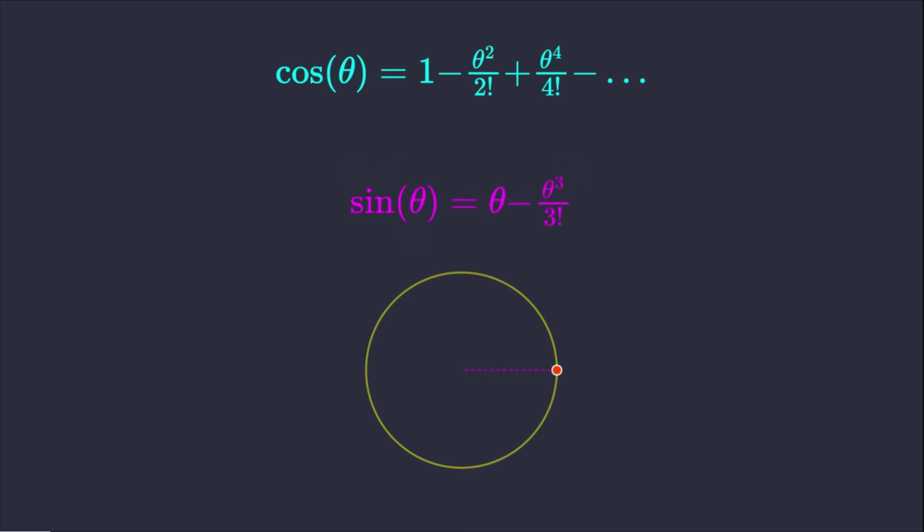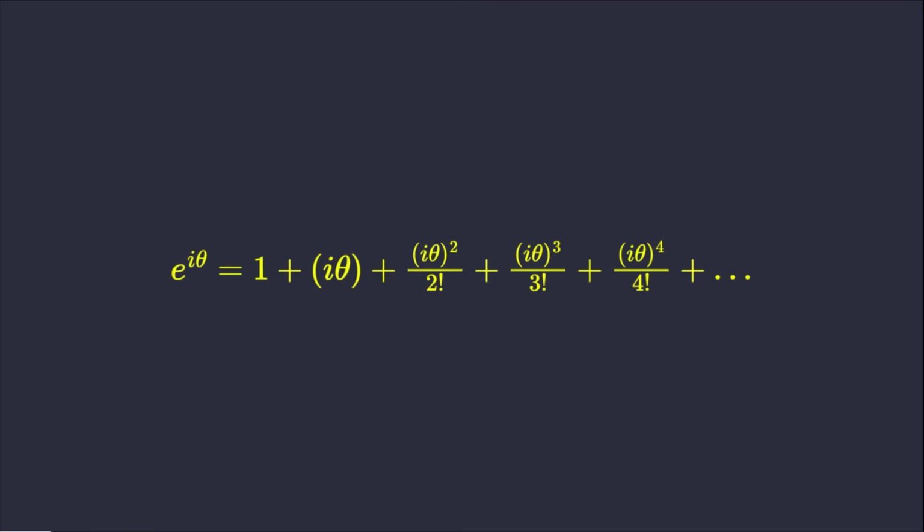The sine of theta series uses only odd powers of theta, also alternating signs: theta minus theta cubed over 3 factorial plus theta to the 5th over 5 factorial, and so on. These series are fundamentally linked to circular motion, describing the horizontal and vertical projections of a point moving around the unit circle. The alternating signs are crucial for generating the periodic nature of rotation.